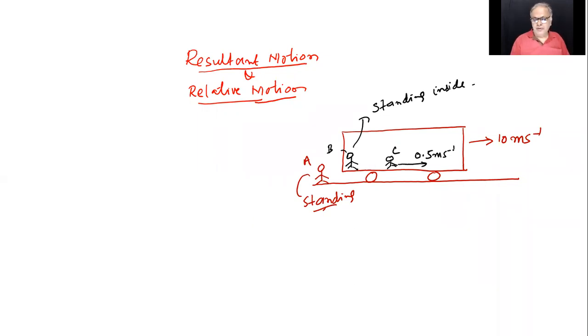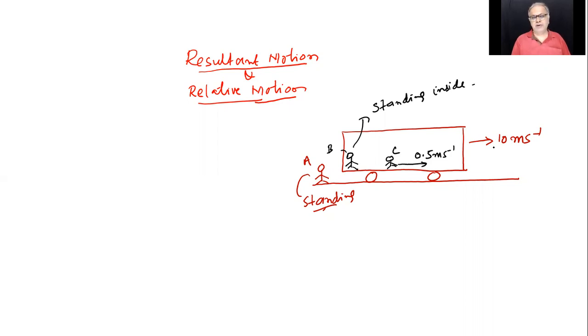So for the person B, C appears to move with 0.5, but for A, the velocity of person C is 10.5. I'm using certain words which are used in popular usage.